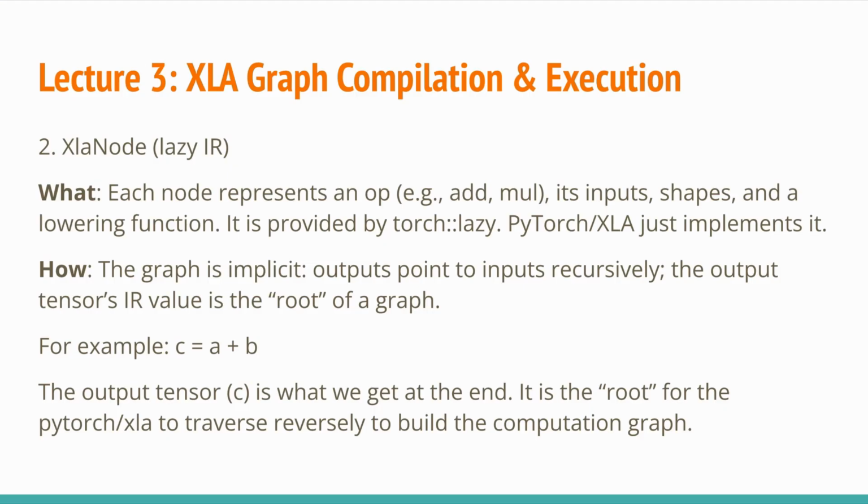Then we have XLA node. XLA node represents the input of the operation and the shape of the input. In addition, it also contains a lowering function, which transforms the operation represented by the node to a more general and standard IR. The concept of this operation node is provided by PyTorch and implemented by the PyTorch XLA package.